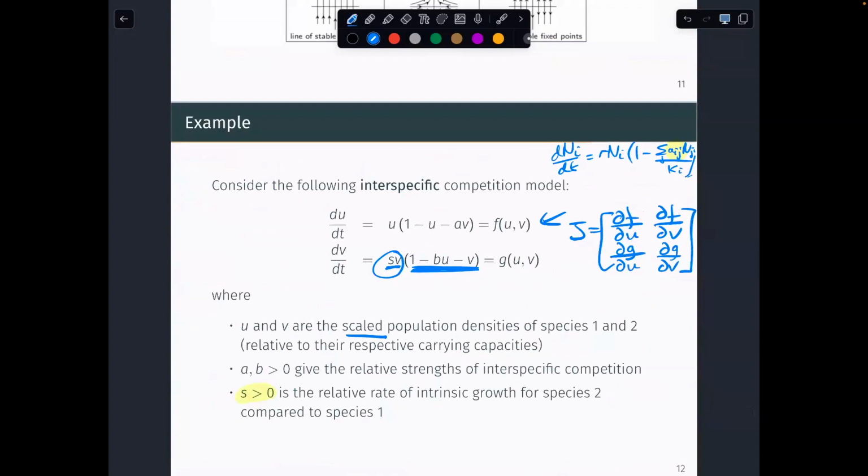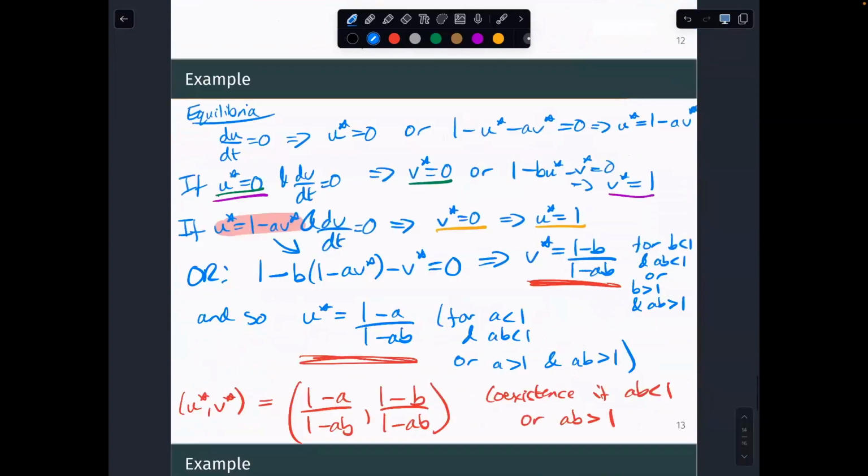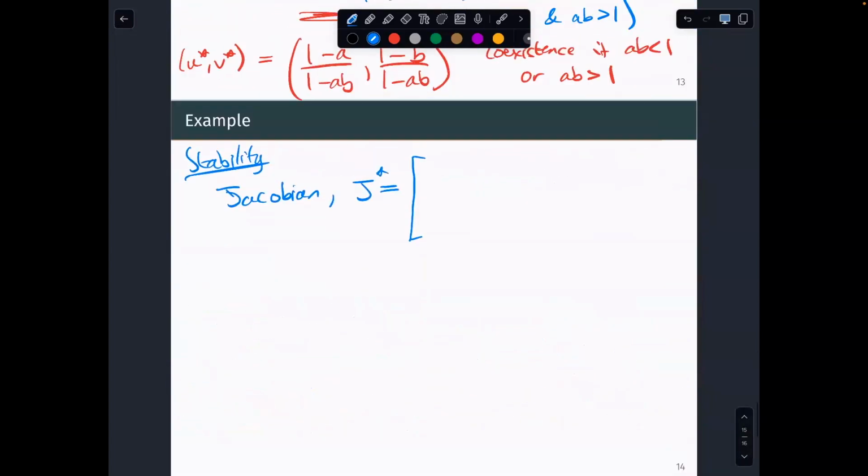This matrix of these two variables. If you work that out, you end up here with 1 minus 2u star minus ab star, minus au star, minus bsv star, s times 1 minus bu star minus 2v star.